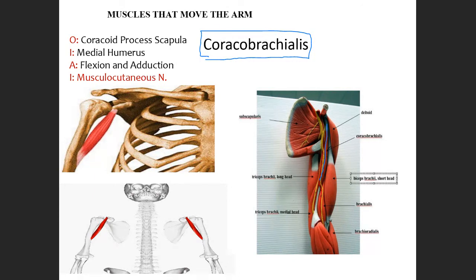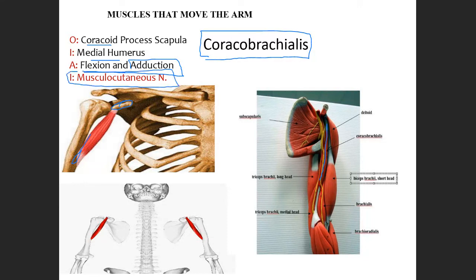So the origin of the coracobrachialis is the coracoid process, and this one's going to insert along the medial humerus. And because it's here, the action is going to be flexion, and it's going to pull the humerus in. So it's flexion and adduction, meaning adding the arm to the center of the body. The nerve here is musculocutaneous.